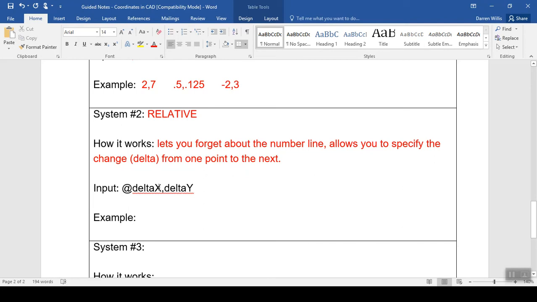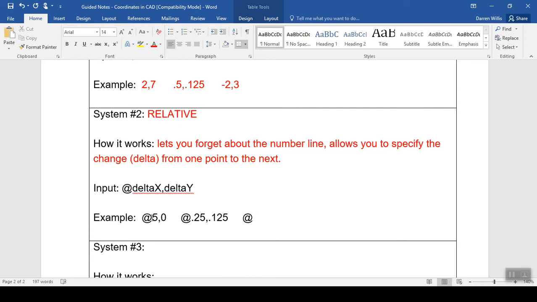And then what is the change in x and what is the change in y, with a comma in between. So ask yourself, hey, is this valid input for relative coordinates? At 5, 0, is that valid? You bet. How about at 0.25, 0.125? Yep, that would be go 0.25 to the right and go up 0.125.